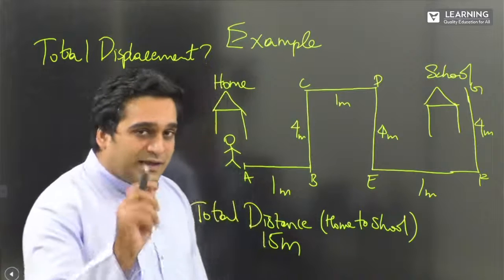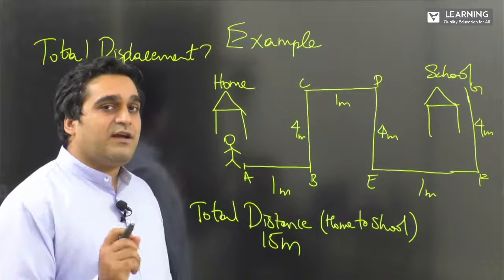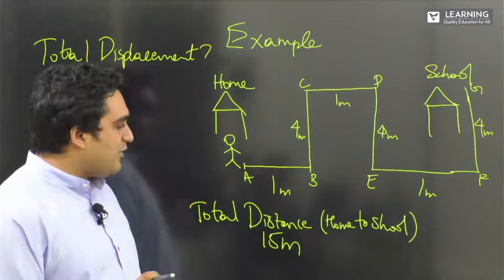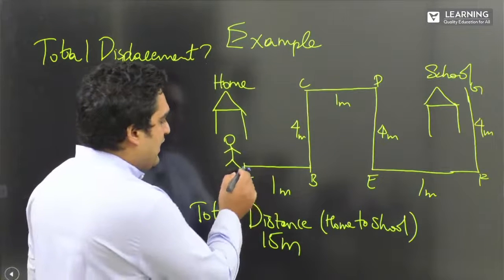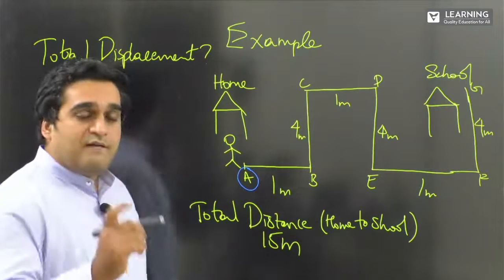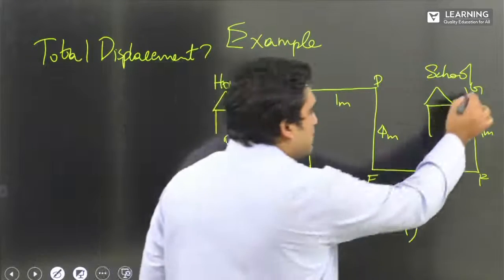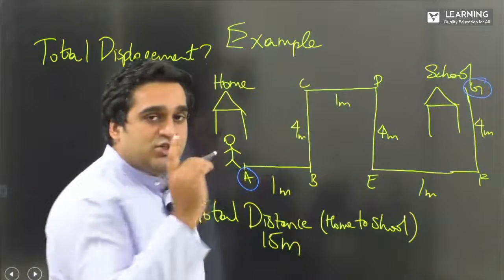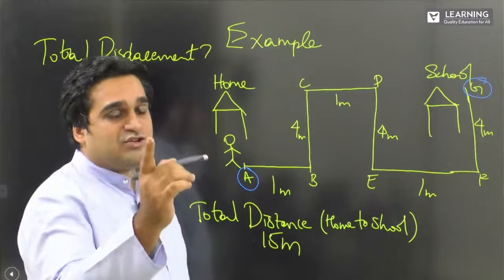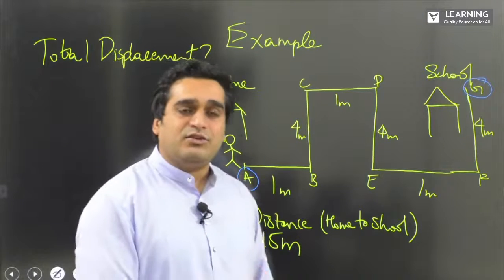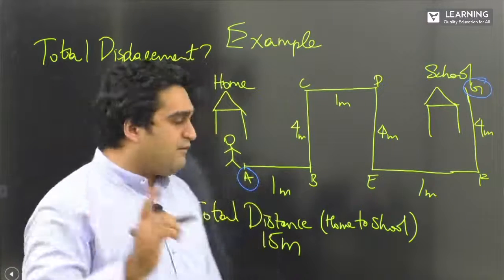Let us identify those. Initial point here is A. Final point is G. Shortest distance meaning a straight line connecting the initial point and the final point.